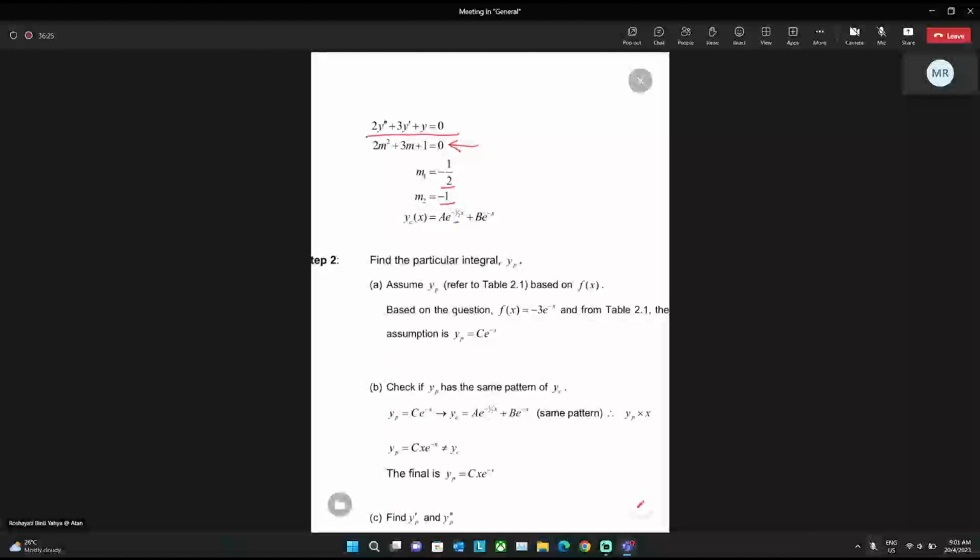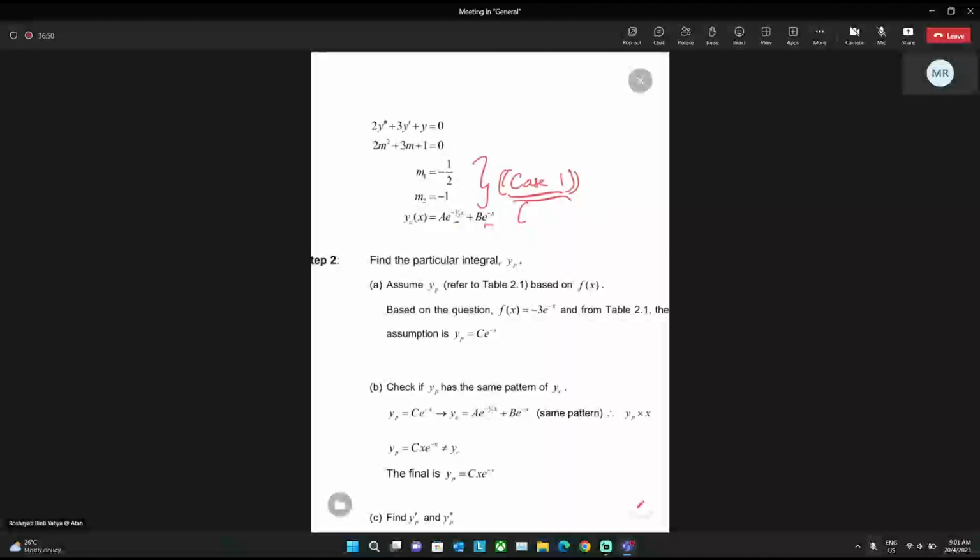So y(x) equals a exponential negative half x plus b exponential negative x. This is case number 1.